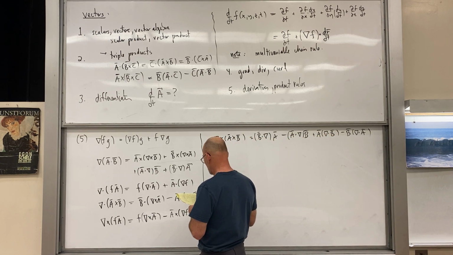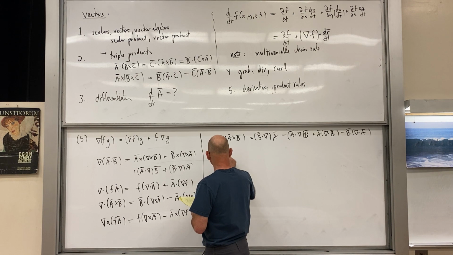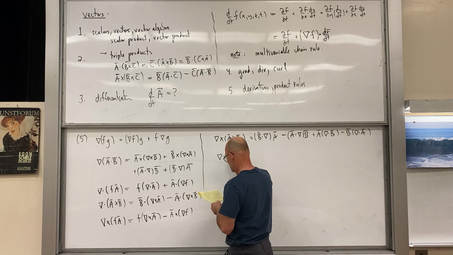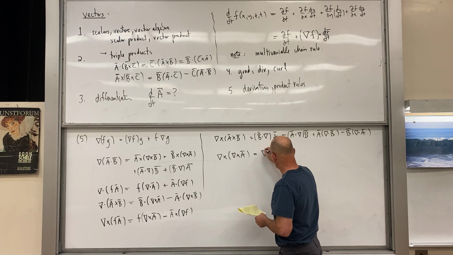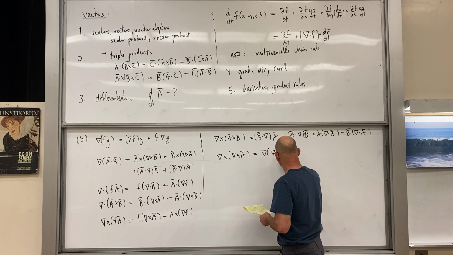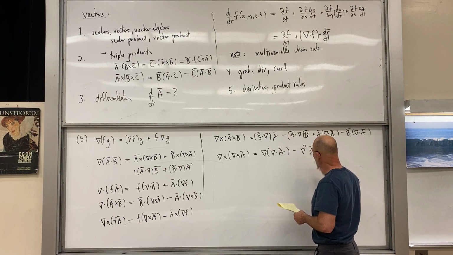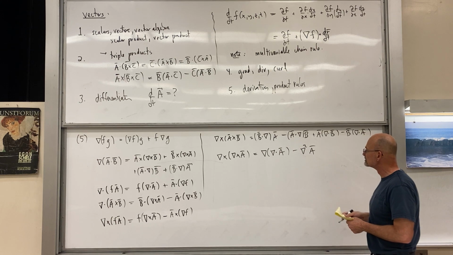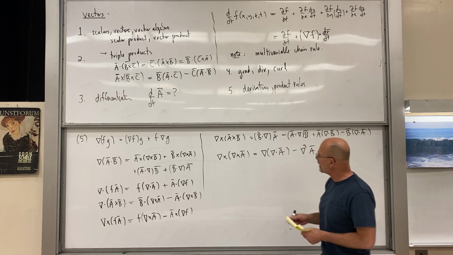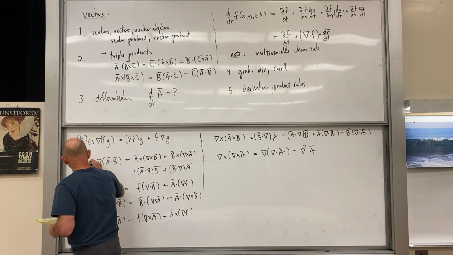Very important here is the curl of the curl of a vector equals the gradient times the divergence of a vector minus del squared of that vector. So we'll make use of all of these. Should I number them? Probably doesn't matter, but here we go.